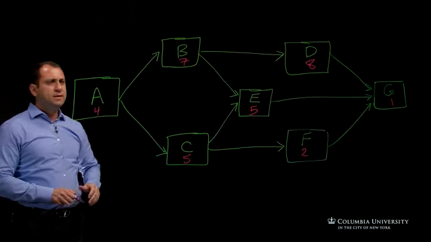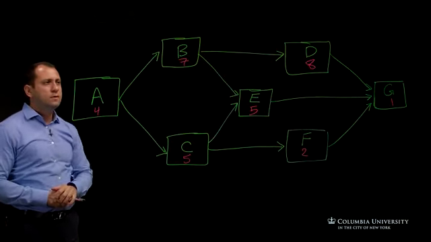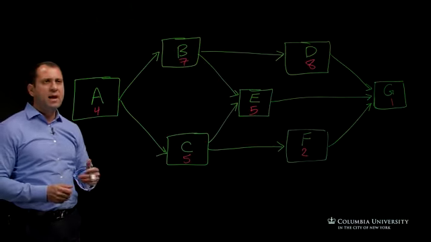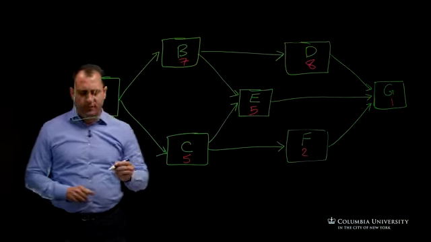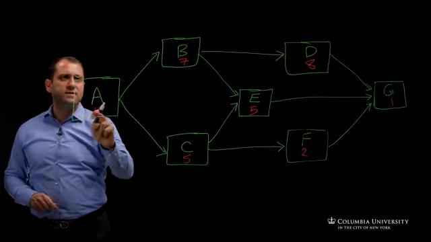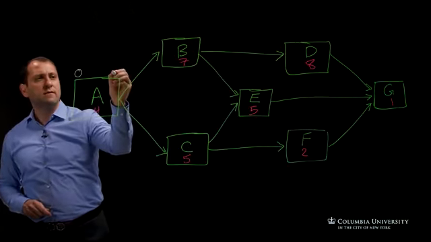So that being said, let's go through what we went through in a previous example for the forward and the backward pass calculations. We assumed that we have an early start of 0 plus 4, which will give 4.